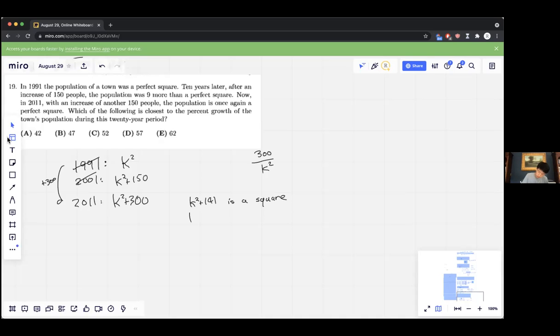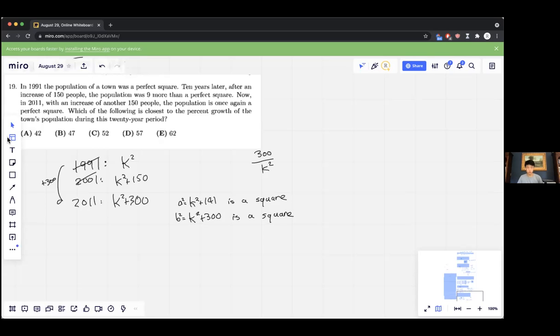So that means that k squared plus 300 is a square. So we have these two conditions which we want to utilize. And since they're squares, we can write a squared equals this and b squared equals this.